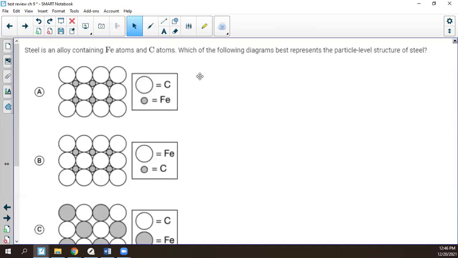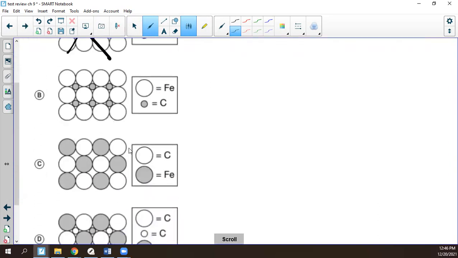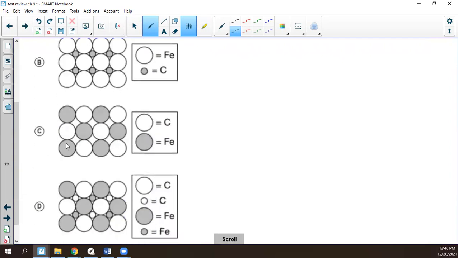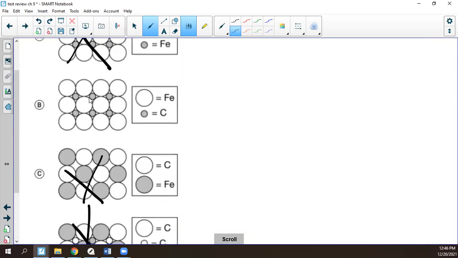Okay, so do we think it's A? Why is A incorrect? All right, because the sizes are backwards, right? How about B? Probably. They're not going to be the same size, and we're not going to have big, little, big, little. So it had to be that one.